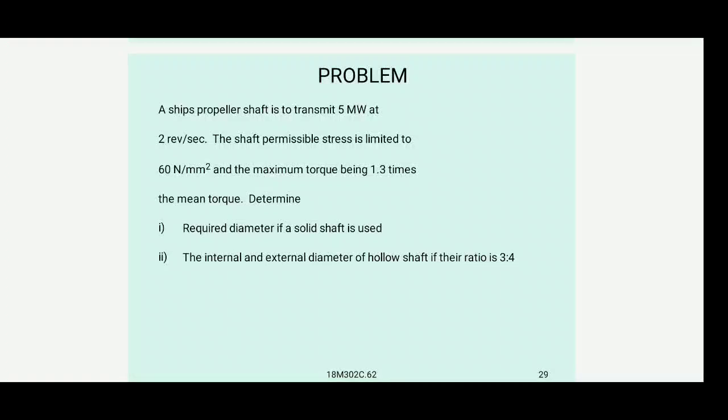Determine, number 1, the required diameter if a solid shaft is used. Number 2, the internal and external diameter of a hollow shaft if their ratio is 3:4.